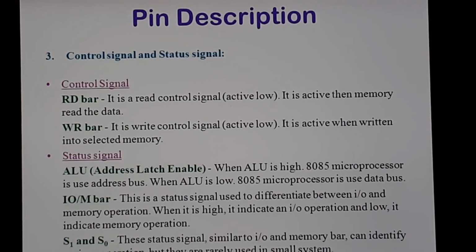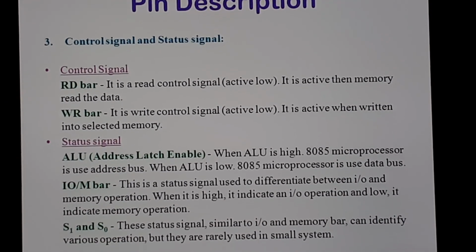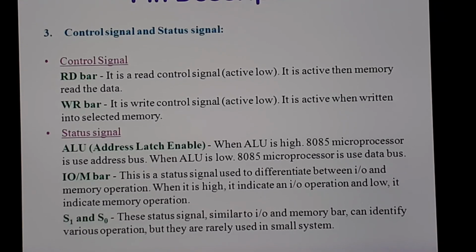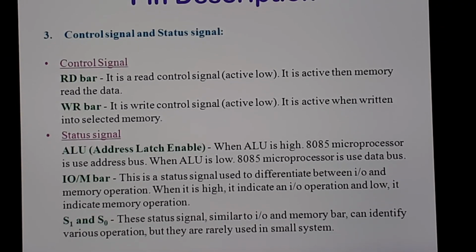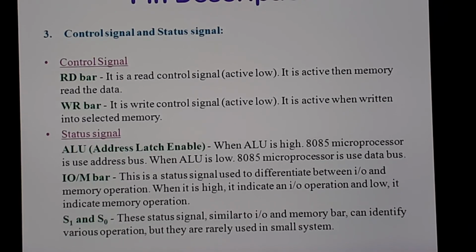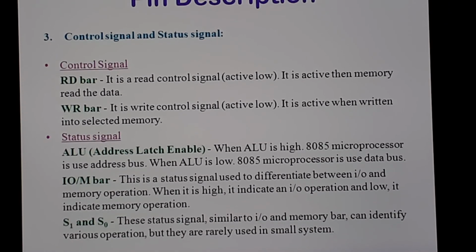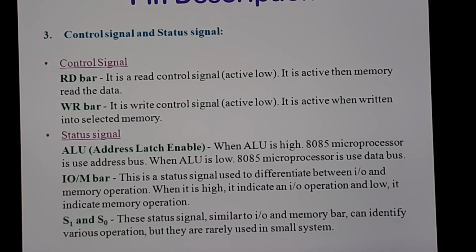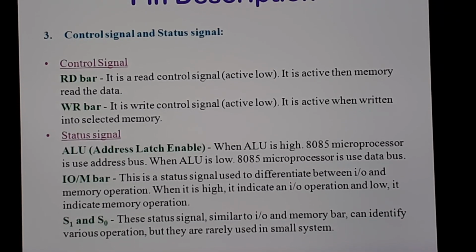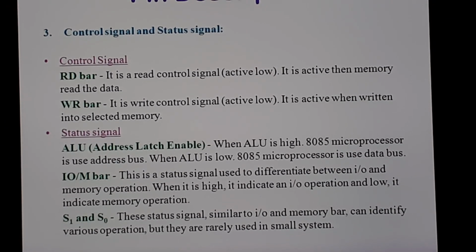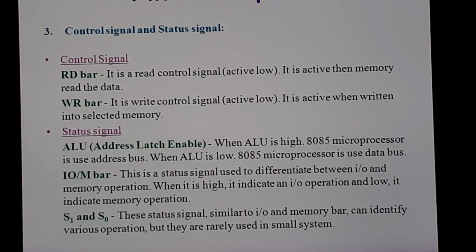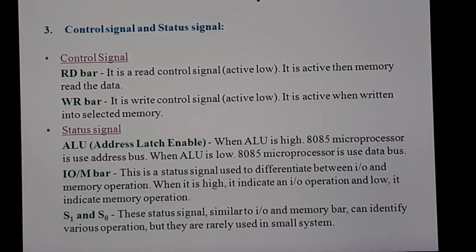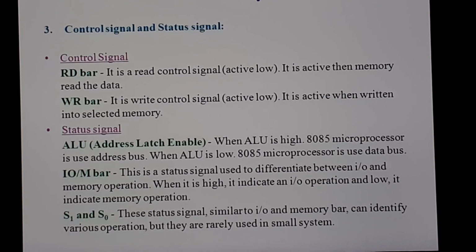After that we have the control signals and status signals. Control signals are RD bar and WR bar. If you look at your pin diagram, RD bar is pin number 32 and WR bar, that is write bar, is pin number 31. For RD bar, the first point you can mention is that it is the read control signal and it is an active low signal.